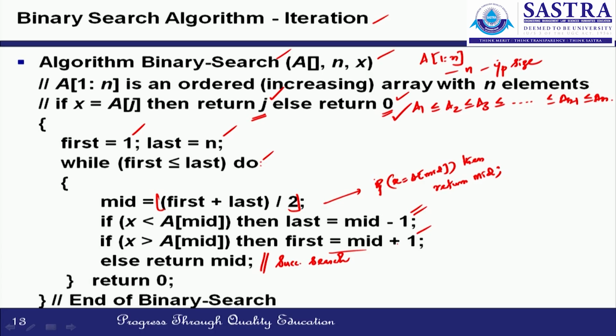While starts here, while ends here, following the complete execution of the while loop. That means when the condition first less than or equal to last becomes false, we need to return a value 0. This 0 indicates that this is an unsuccessful search.